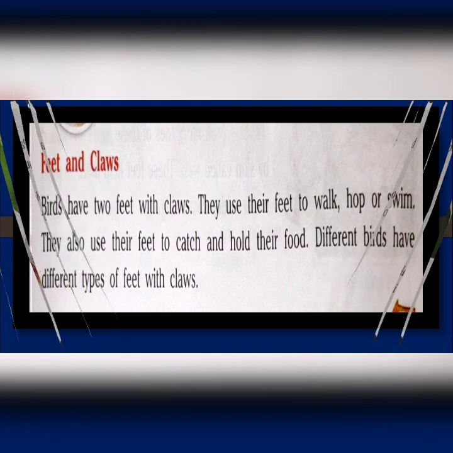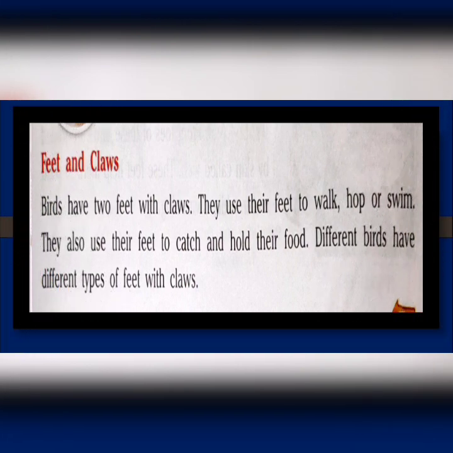Next, moving to feet and claws. We all know that birds have 2 feet with claws. They use their feet to walk, hop and swim. And also using their feet, birds catch and hold their food.